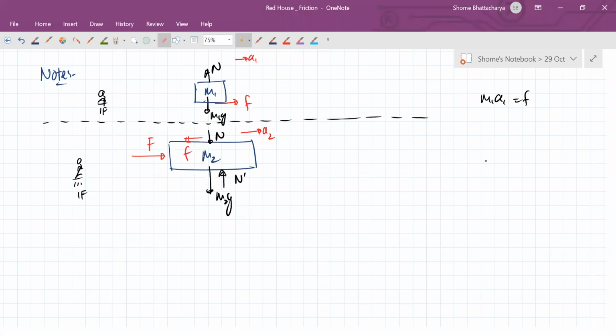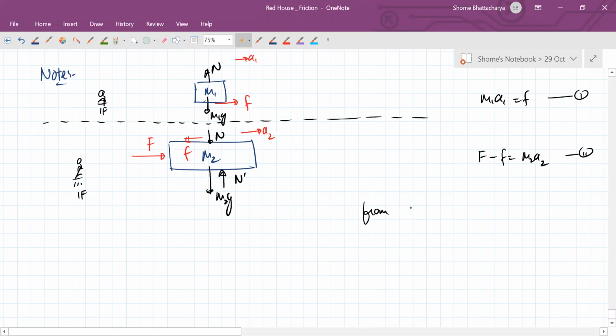Okay, and on the other hand, this guy's acceleration can be controlled with the amount of force, irrespective of whether they're slipping or not. So therefore, you can see that from equation 1, a1's maximum possible value is friction's maximum possible value divided by M1.